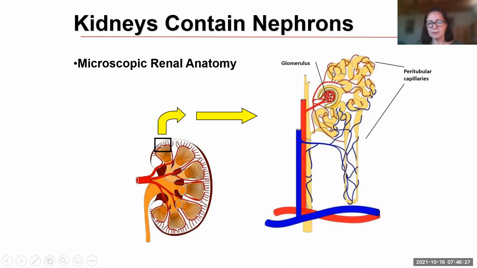On this diagram, this is not from our textbook, but on this diagram, I'm indicating some of the capillaries that are present. There are basically two capillary beds that the blood goes through. The first one is the glomerulus, which means ball of yarn in Latin, because it looks like a ball of yarn. And the peritubular capillaries that are surrounding this tubule, this renal tubule.